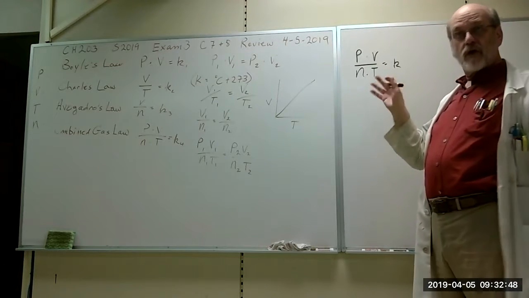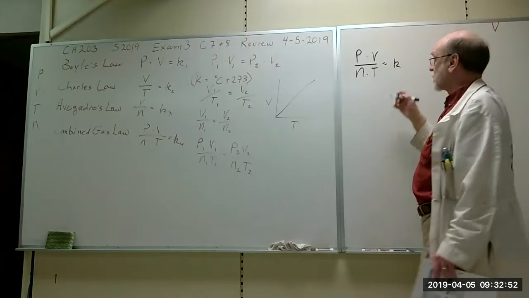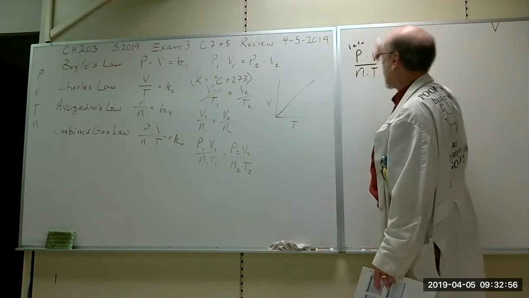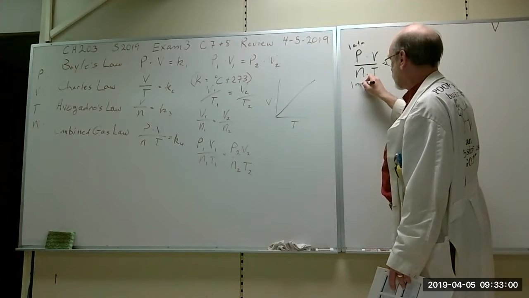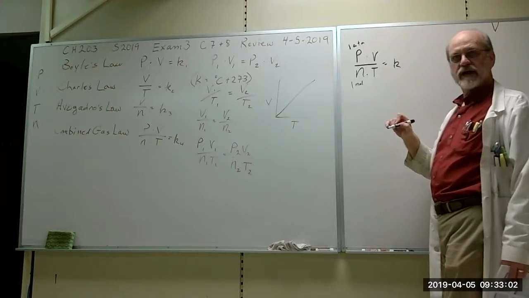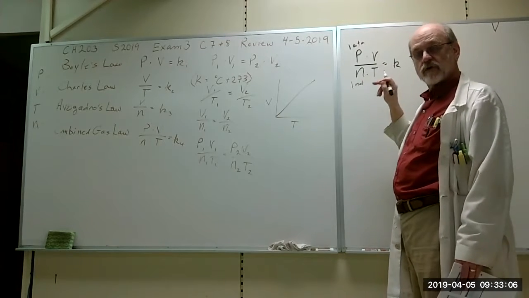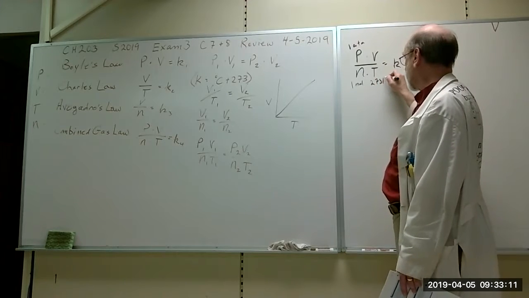Well, if we pick our units, and for this class, pressure is going to be in atmospheres. So at 1 atmosphere and 1 mole of gas trapped in our container, and standard temperature for gases is 0 degrees centigrade, so that'll be 273 K, right?